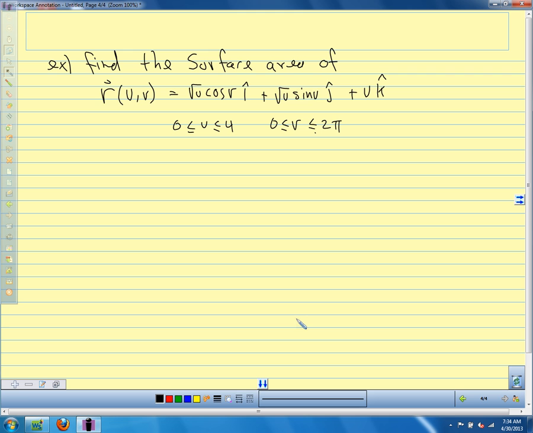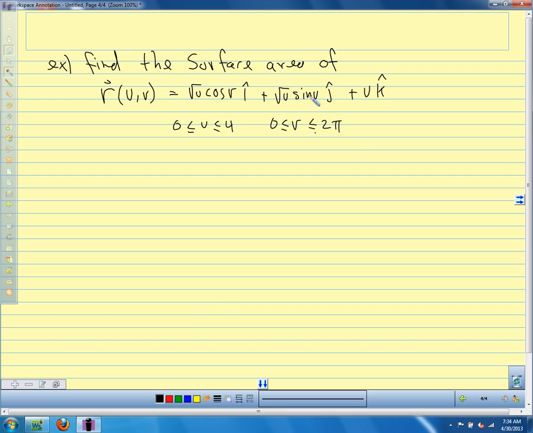All right, so we need to find our surface area. I was just thinking about what the surface would look like. Like that problem 25 yesterday. I think this would just be a cylinder, right? Yeah.